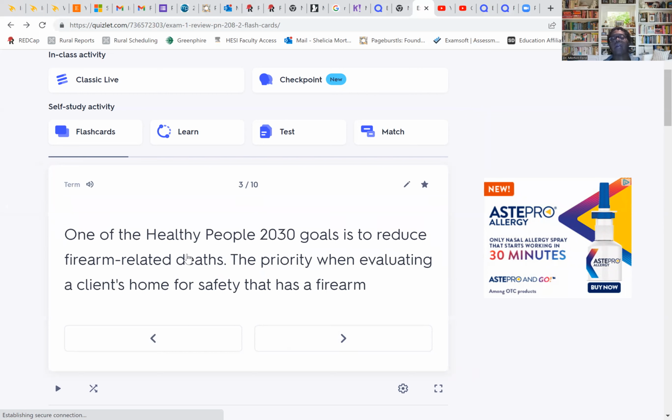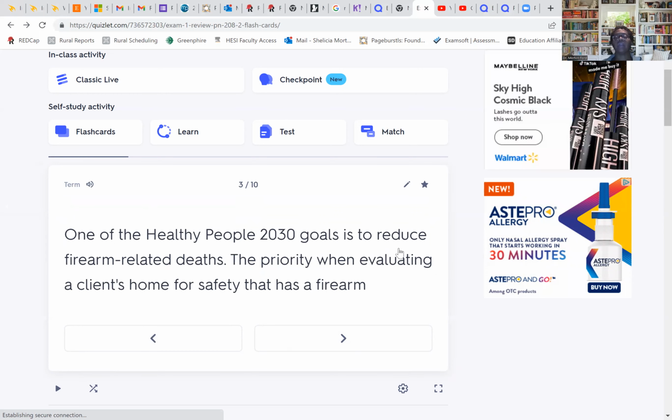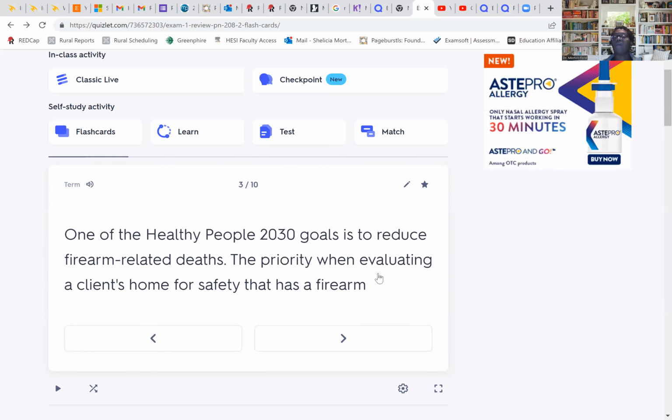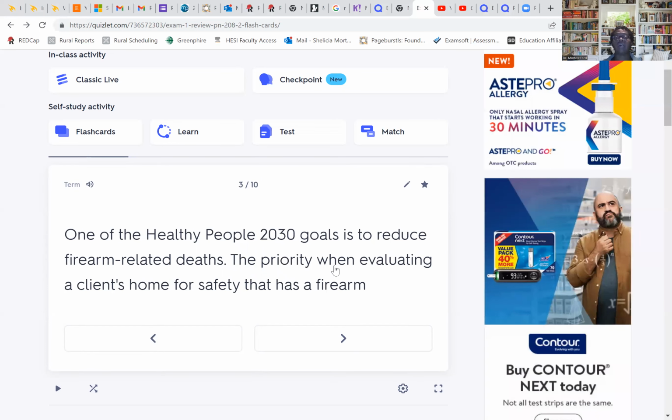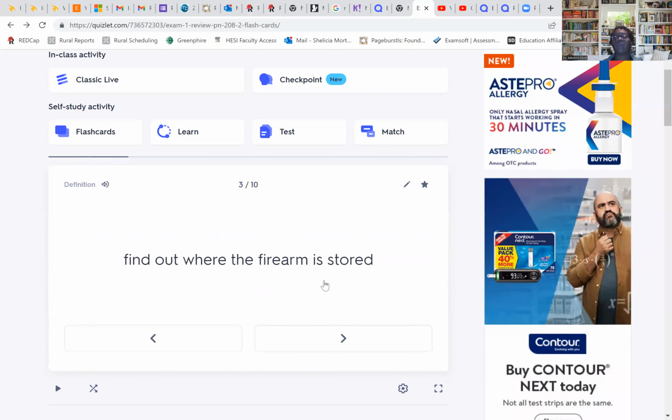So what should take priority when you are having that conversation with the parents and evaluating the client's home for safety in regards to a firearm? You want to find out where they're storing that firearm. Is it easily accessible?